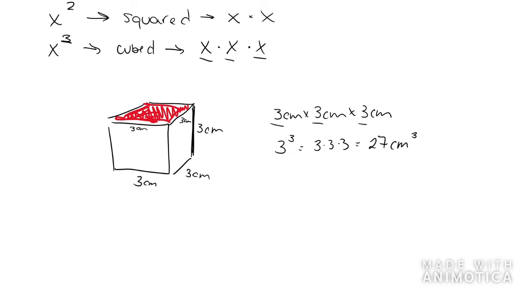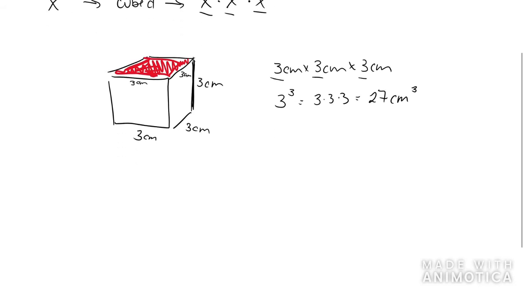Just like how we had square and square root, we actually have an opposite function, which is called cube root. So we had square root, now we have cube root. So remember, square root was just like this.